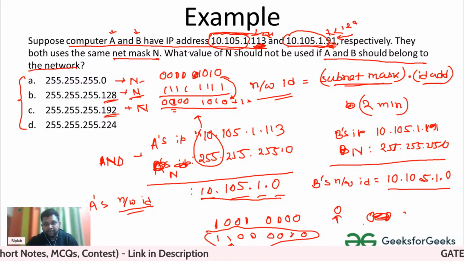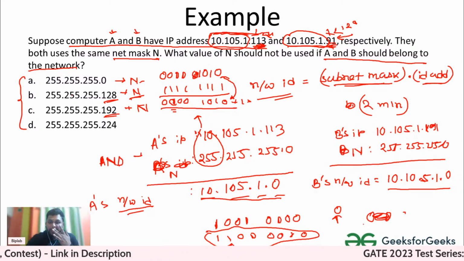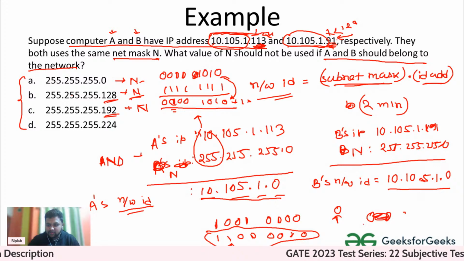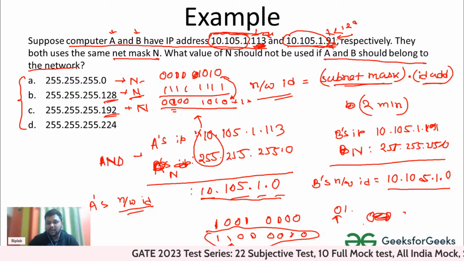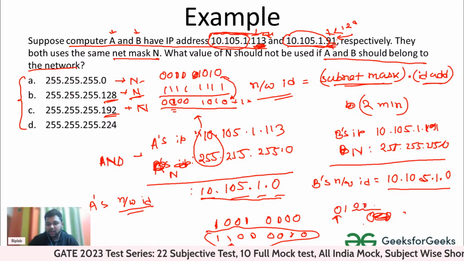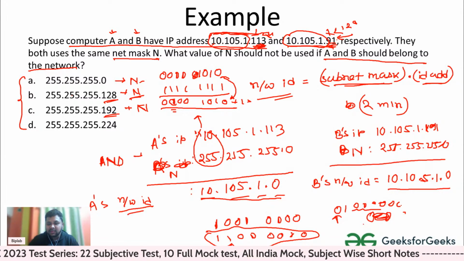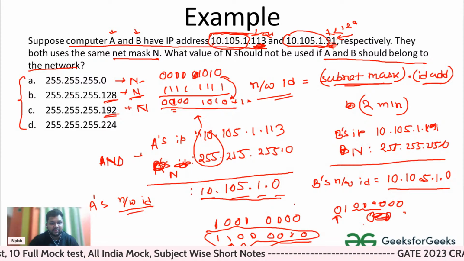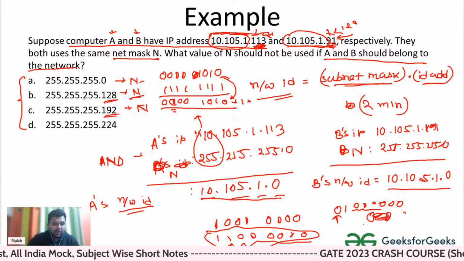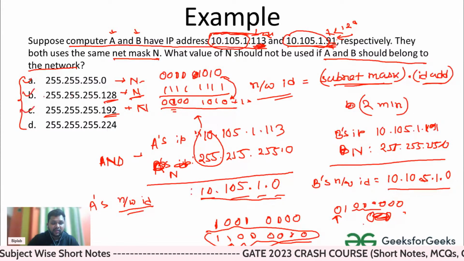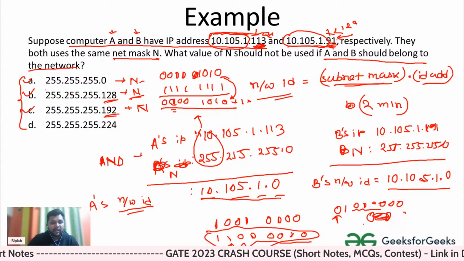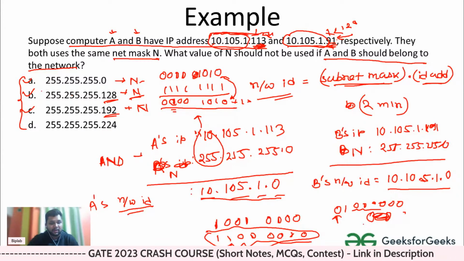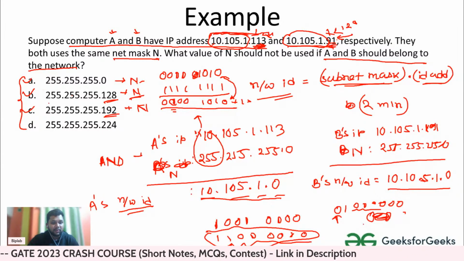So yes, it also has 64. So in the result you will have one here in the network ID, and the remaining will be zero because the subnet mask itself has zero. So that's why in all three cases A and B belong to the same network.